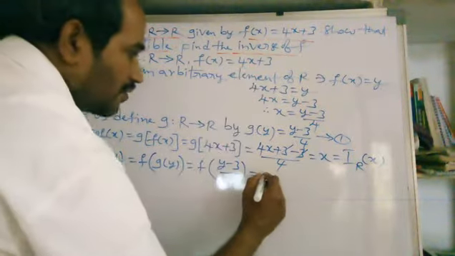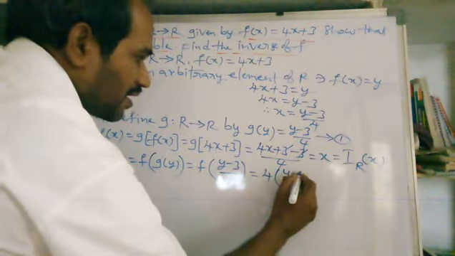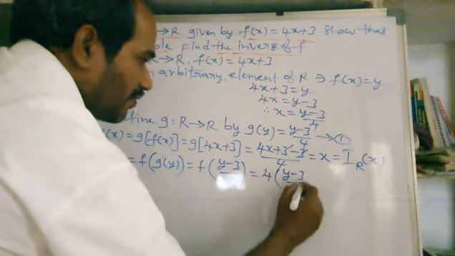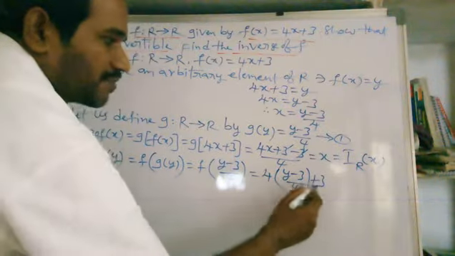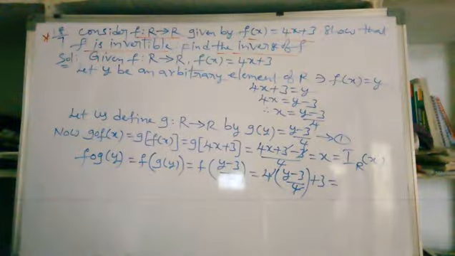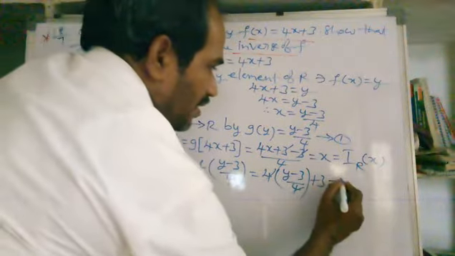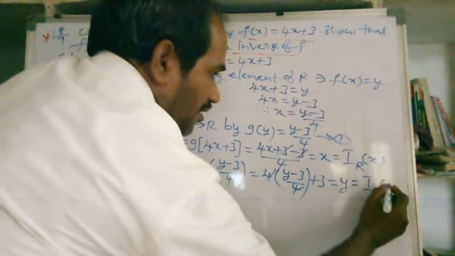So that is equal to 4 into y minus 3 by 4, plus 3. The 4 gets cancelled, y minus 3 plus 3 gets cancelled, remaining y. It can be written as I of y.